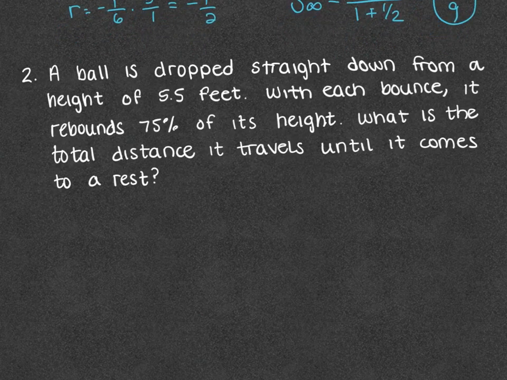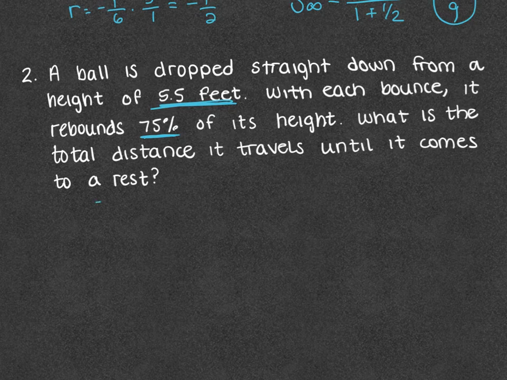Let's look at one more for a word problem. So for this one, a ball is dropped straight down from a height of 5.5 feet. With each bounce, it rebounds 75% of its height. So we want to find the total distance it travels until it comes to a rest. So let's first start by actually writing out this series a little bit.